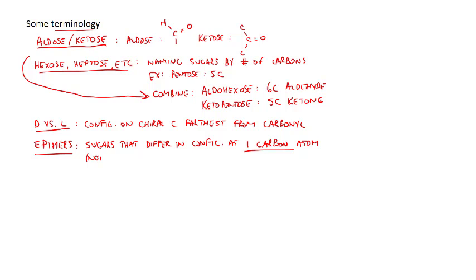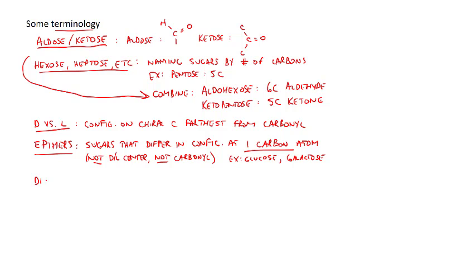And that one carbon atom cannot be the DL center, and it's not the carbonyl, because the carbonyl is not chiral. All right, so sugars that differ in configuration at exactly one carbon atom and are the same at every other carbon atom are said to be epimers. So for example, glucose versus galactose. They differ in configuration at one carbon atom, not the DL center, not the carbonyl.